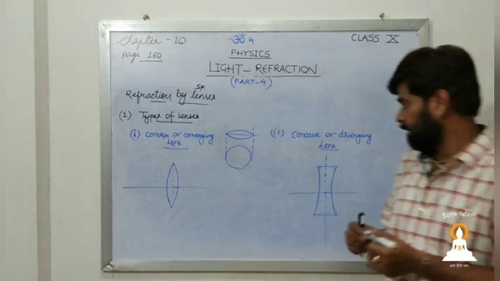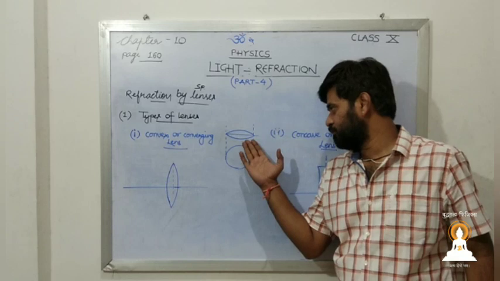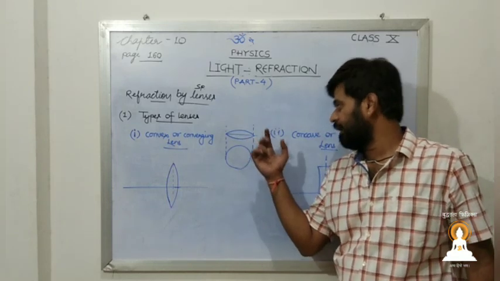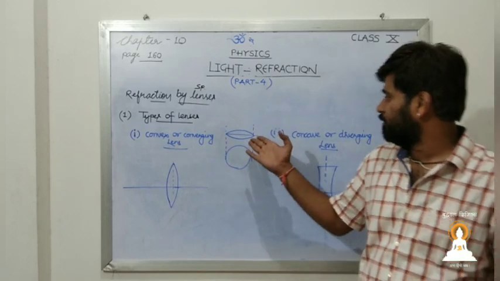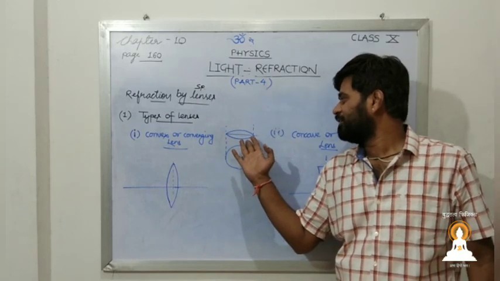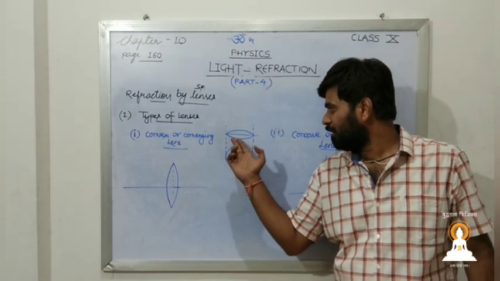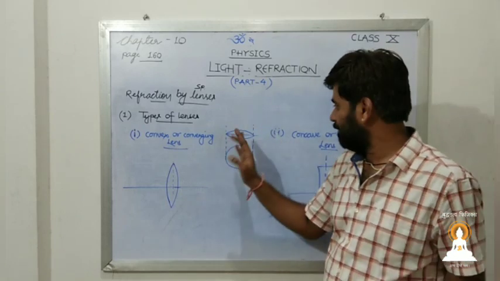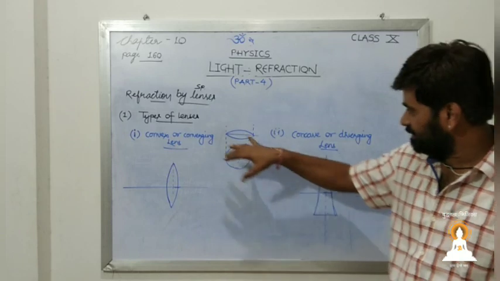This is the convex lens. Usually our grandparents used to wear this; after 40 we need this. You have seen the movie Phir Hera Pheri, where Babu Bhaiya used to wear such type of lens. That is a very simple way to understand this lens.